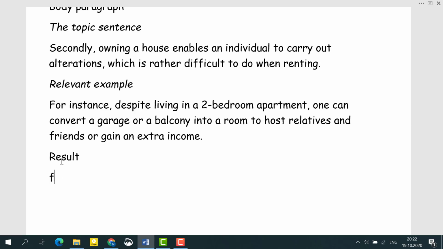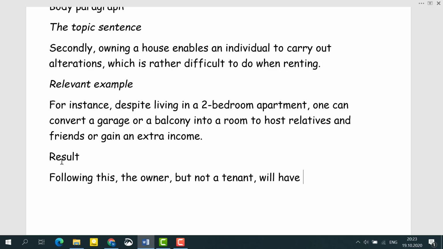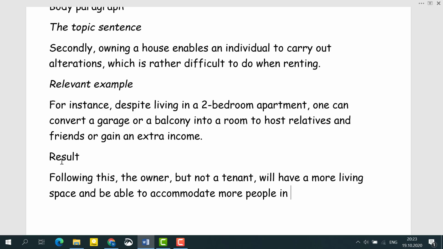I can also just write following this, which means after this, as a result of this, the owner, but not a tenant, will have more living space and be able to accommodate more people in the house.